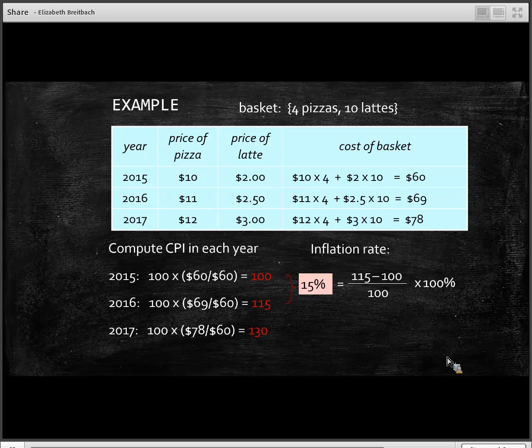Multiply that by 100% to get it into percentage form, and we see 15%. All right, and then now let's look at 2017. The CPI in 2017 was 130. We subtract out 115 and then divide that by 115, and the inflation rate is 13% in 2017.